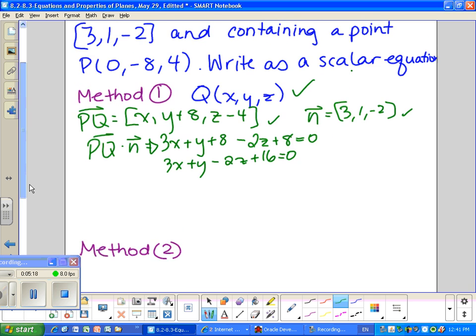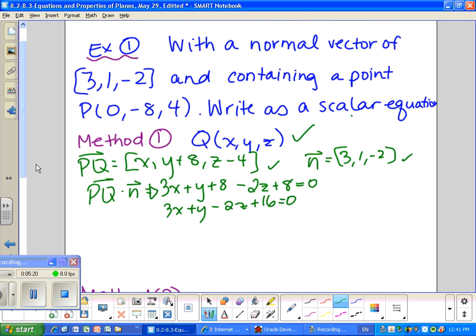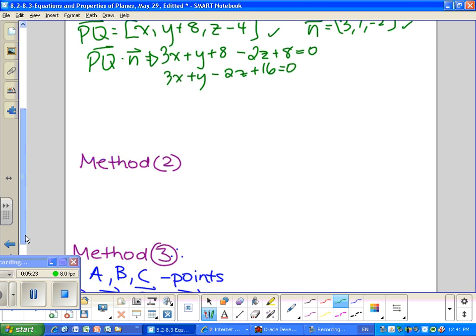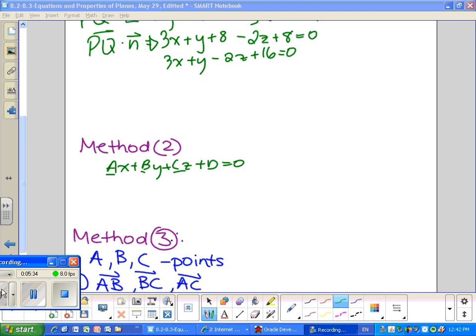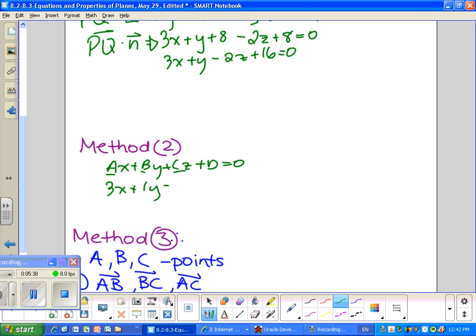So if you're going to use the actual formula, we were given that the normal is 3, 1, negative 2. And if you remember back to the equation, ax plus by plus cz plus d equals 0, what did we know about a, b, and c? So if we're given the normal, which we are, which was 3x plus 1y minus 2z plus d, we can just put those coefficients into the a, b, c spots.